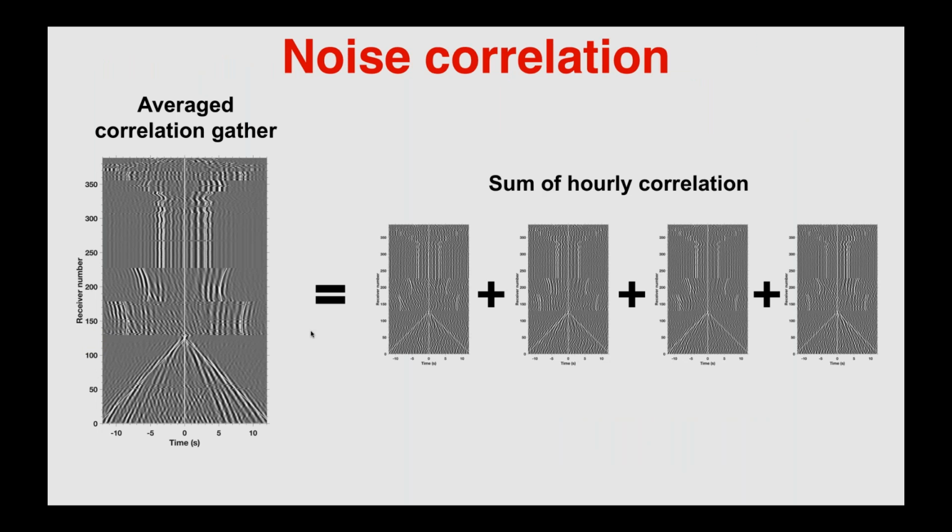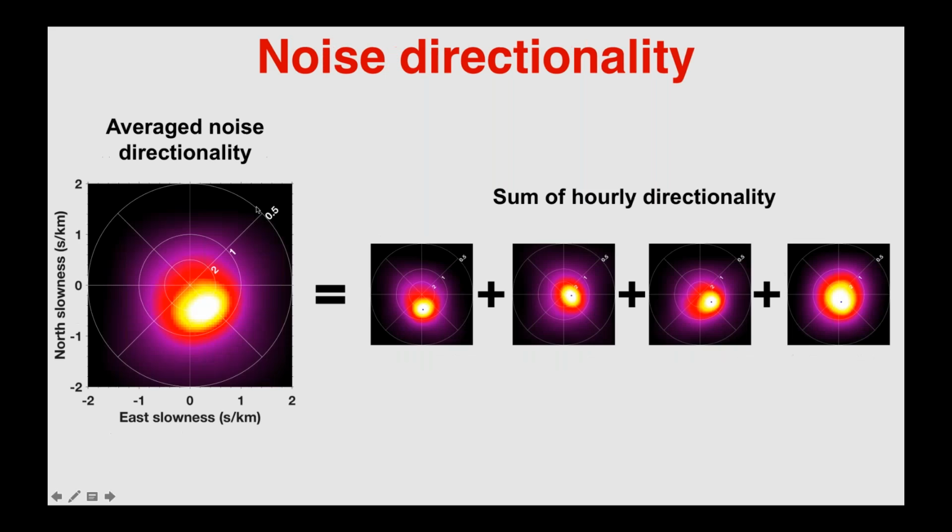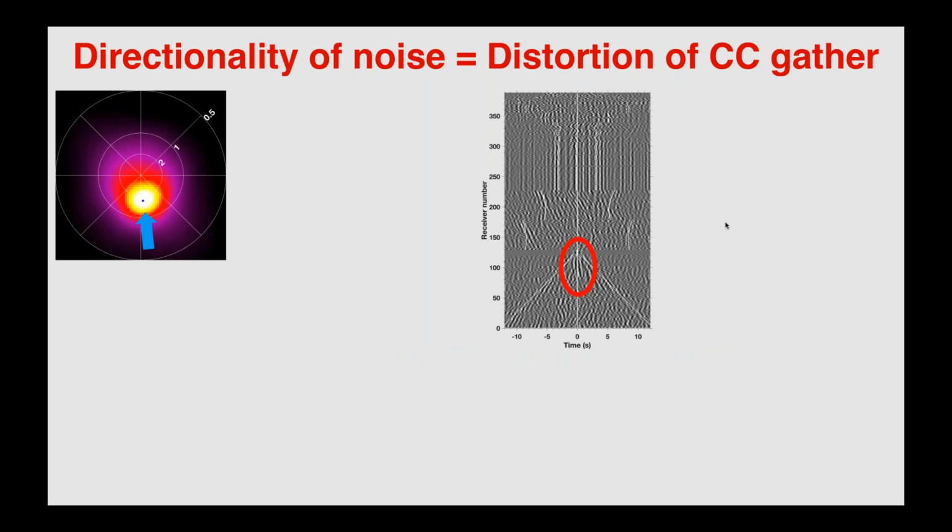So the average noise correlation is the sum over the hourly or daily cross-correlations. Each hour I compute the cross-correlations, and this is the average correlation I showed. Noise directionality is the same game: the average noise correlations are a sum over many different hourly directionalities. Because the noise distribution is not homogeneous across azimuths, there is some distortion in the cross-correlation functions.